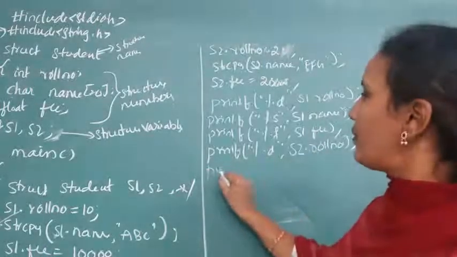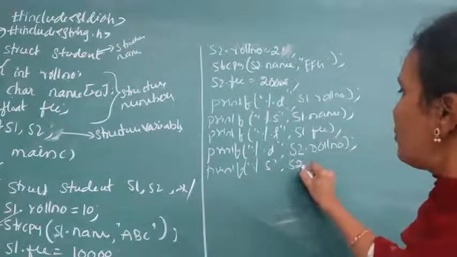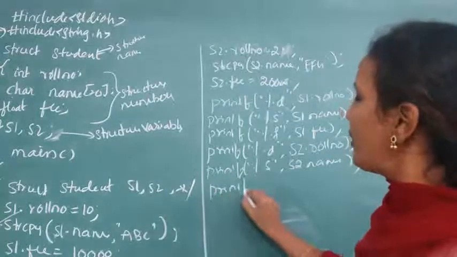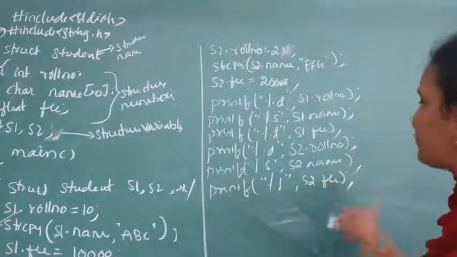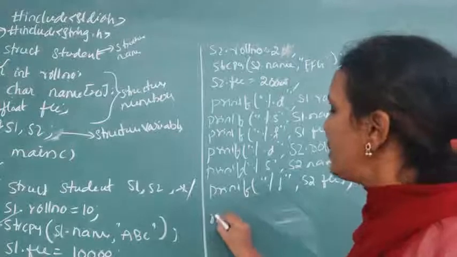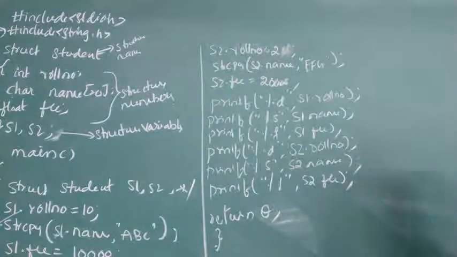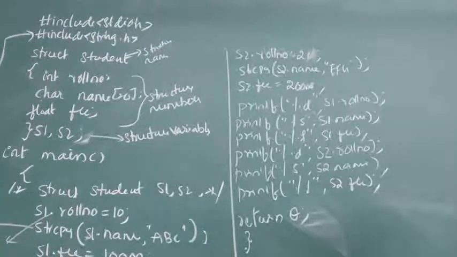Percent s, S2 dot name, second student. Now percent f, S2 dot fee. Return 0. This is an example program of the structure member access operator. You take a screenshot of this. This program you need to write in the exam.